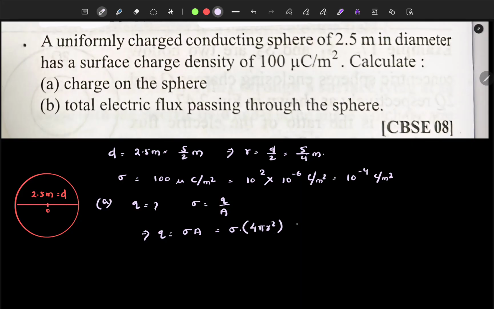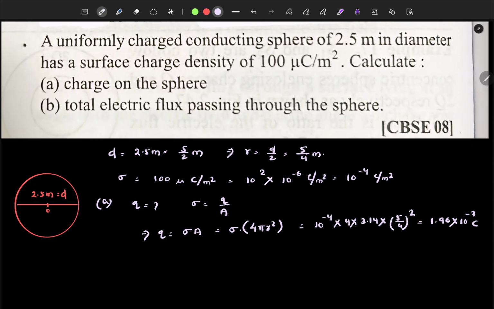So sigma value 10 to the power minus 4 into 4, pi value 3.14, into r square. The radius value is 5 by 4 meter, 5 by 4 whole square. So after solving, you will get 1.96 into 10 to the power minus 3 coulomb. This is the value of charge enclosed or charge on the sphere.